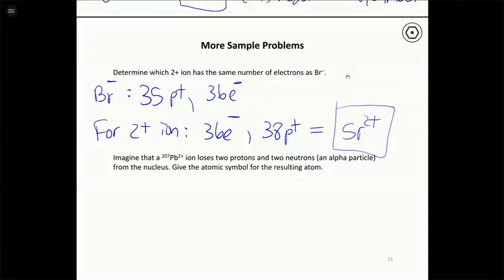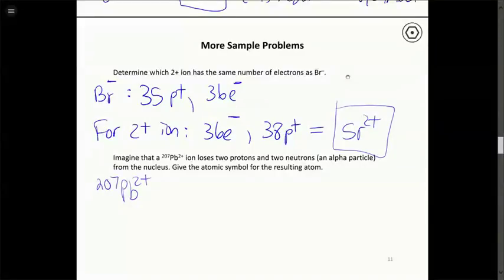Alright, and then finally, let's say we do a little bit of nuclear chemistry. Again, you're not going to talk about this in detail until Chemistry 2, but we have the knowledge to at least answer some simple questions like this. So let's say we have a 207 lead 2+ ion that loses 2 protons and 2 neutrons. Now this combination of 2 protons and 2 neutrons is what we call an alpha particle.